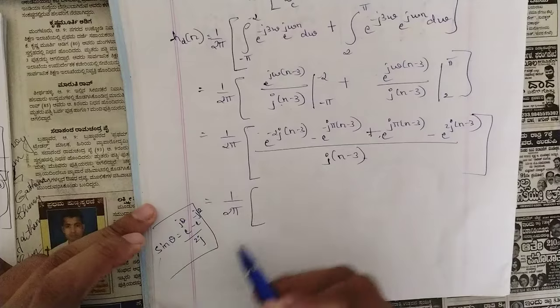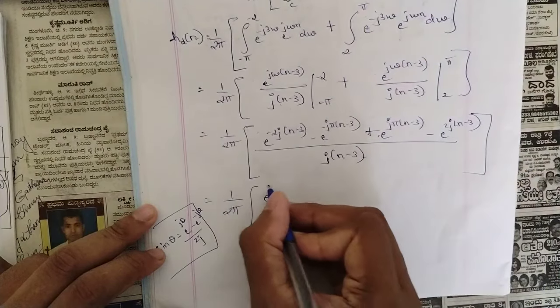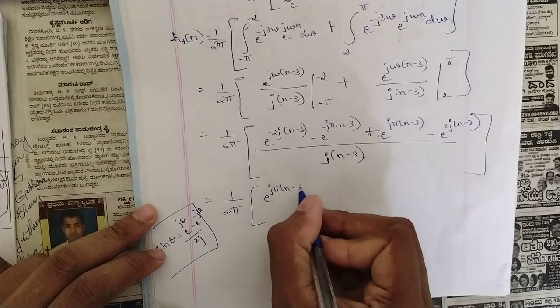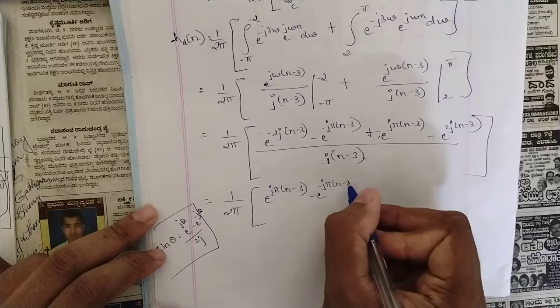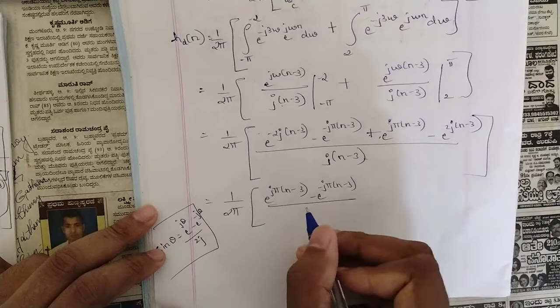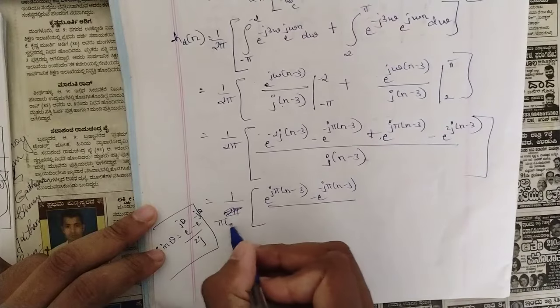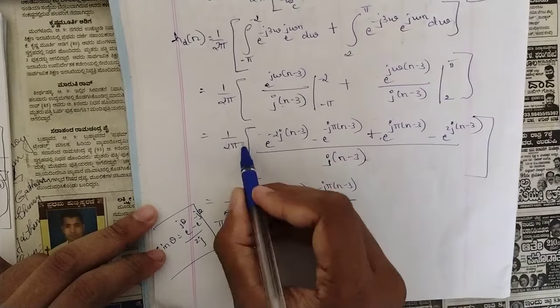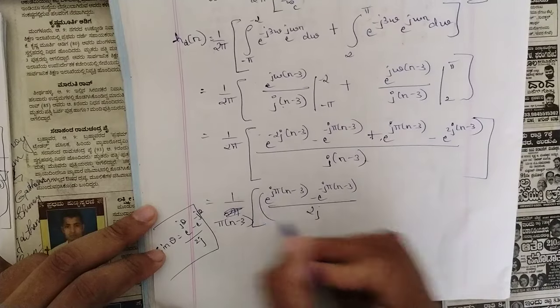It is according to this formula only, so write that first: e power j pi (n minus 3) minus e power minus j pi (n minus 3) divided by, taking pi (n minus 3) outside, and keeping 2j, according to the formula.